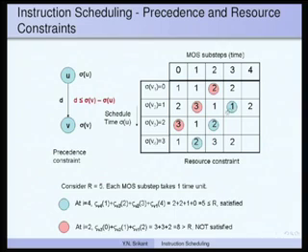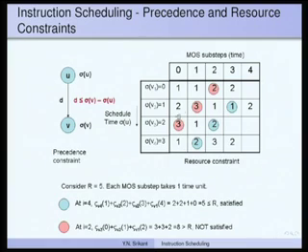Look up the diagonal, and we have 2 plus 2 plus 1 as the resource requirements of all the instructions which are still active. Here v3 is active, v2 is in its second sub step, and v1 is in its third sub step, and v1 has finished. We add up all these and make sure that it is less than or equal to 5, which is indeed true. So, the resource constraints are satisfied.